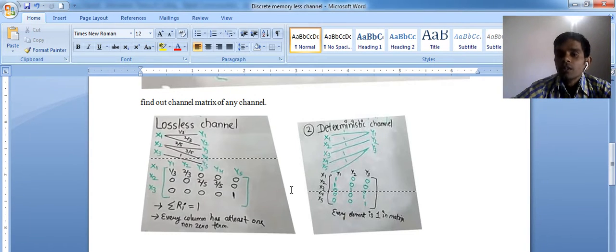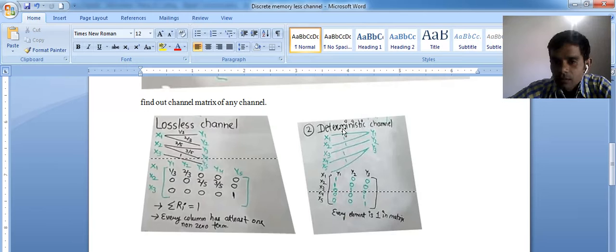Now if I'm talking about the deterministic channel, we have 5 inputs x1, x2, x3, x4 and x5, and 3 outputs y1, y2 and y3. If I'm creating the channel matrix for a deterministic channel, x1 to x5 are the inputs and y1 to y3 are the outputs.